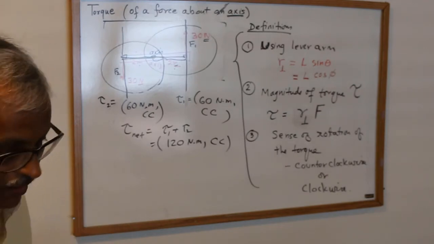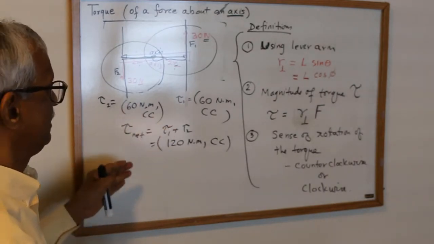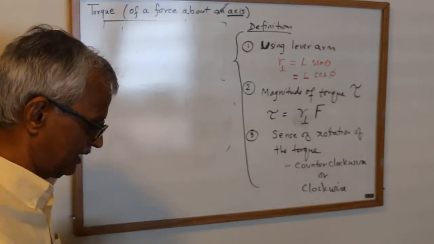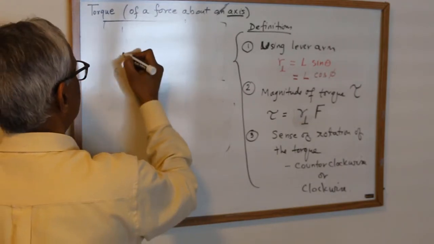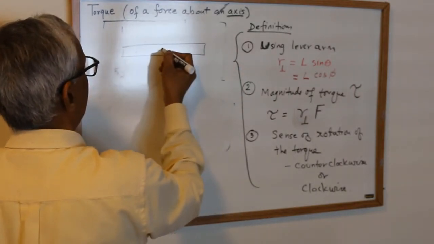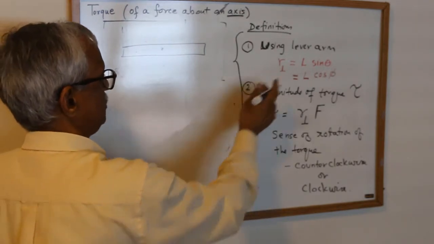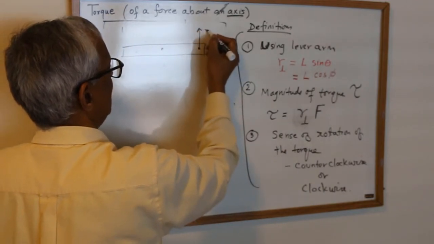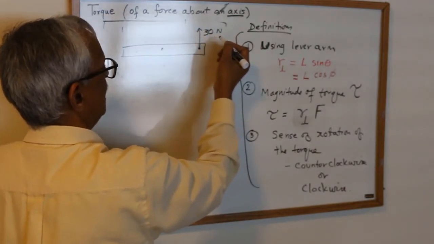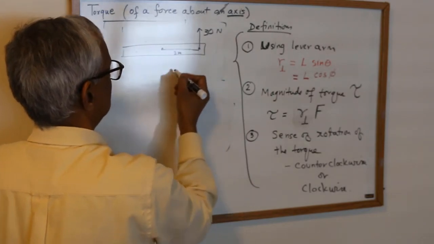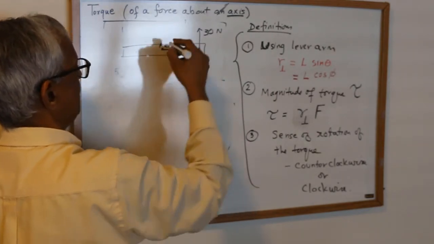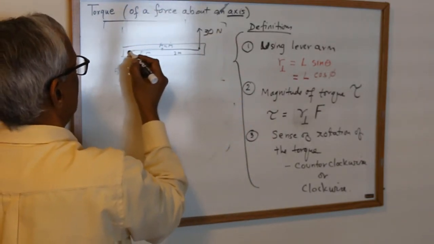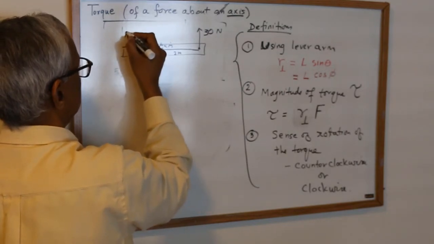There's another example where things are a little different, with the same simple setting. Over here, this one is again 30 Newton and 2 meters, and the axis is in the center. I have a pin, and I'm trying to rotate this, and again 2 meter, and 30 Newton this way.